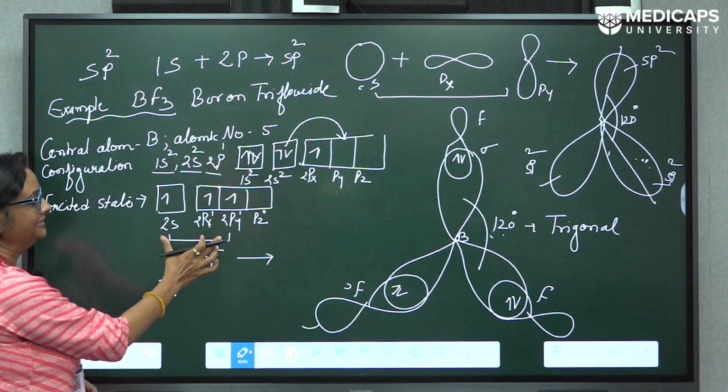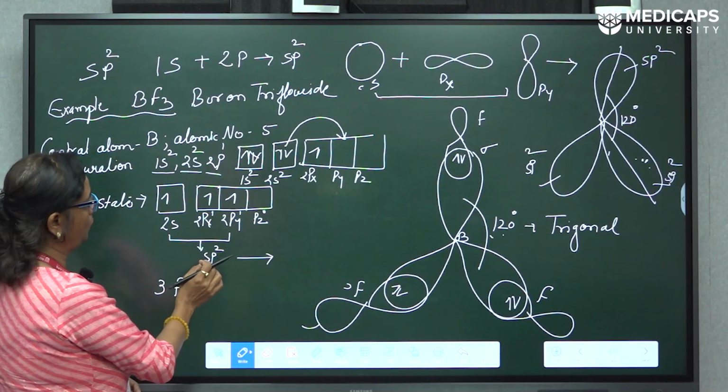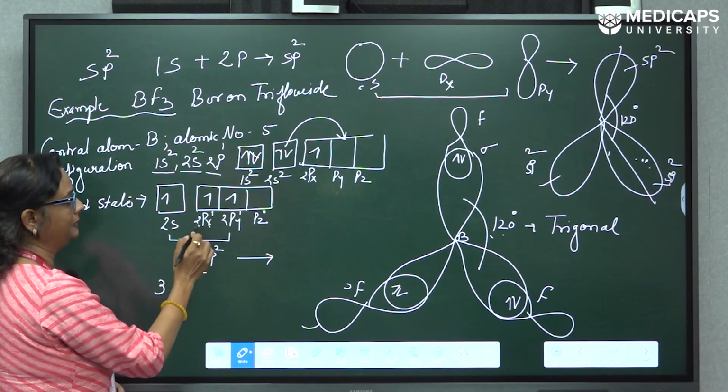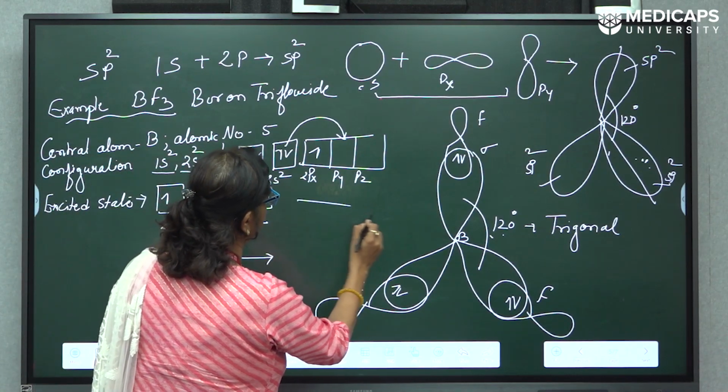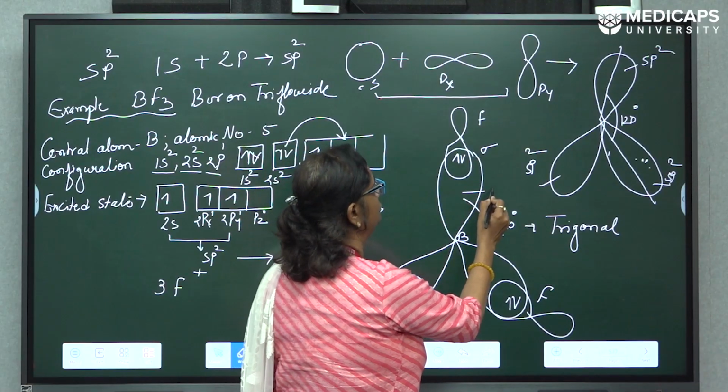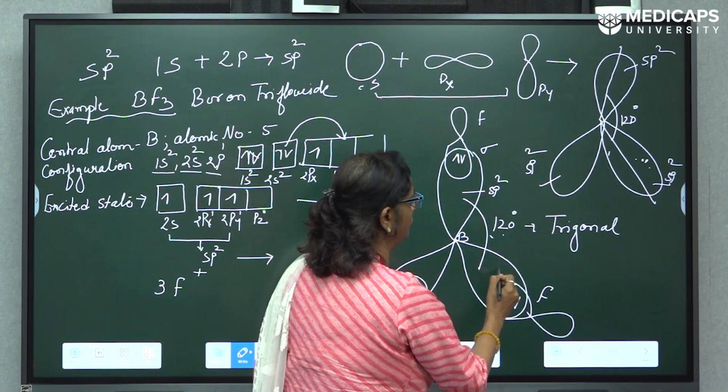So we have 3 atomic orbitals, 1s and 2p, and these 3 atomic orbitals intermix together to form the resultant 3 sp2 hybrid orbitals of boron.